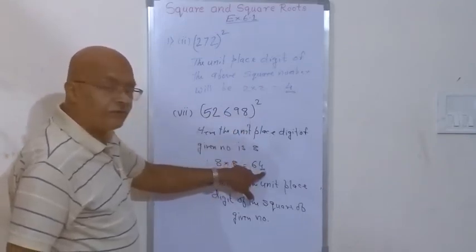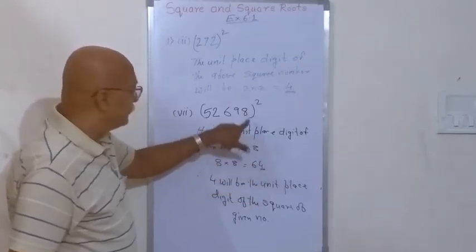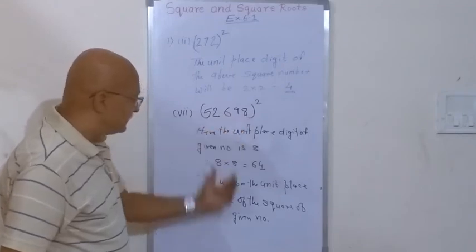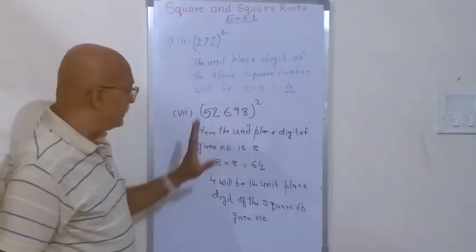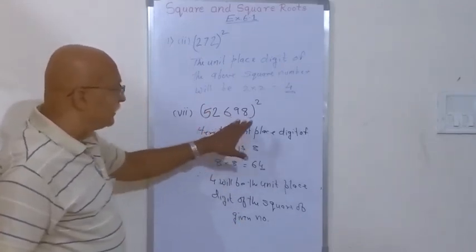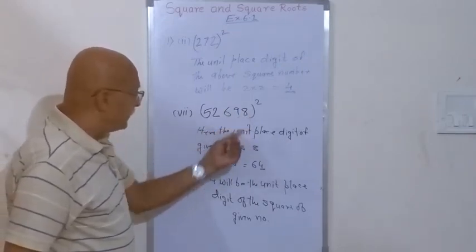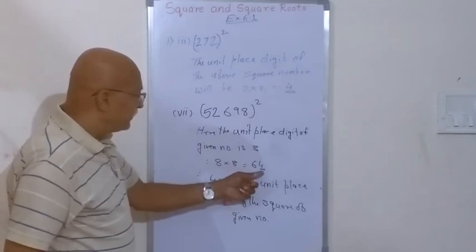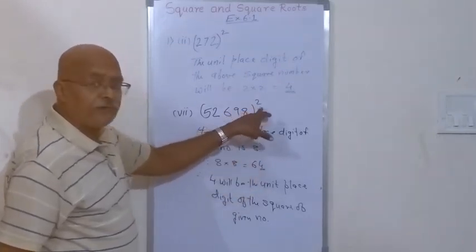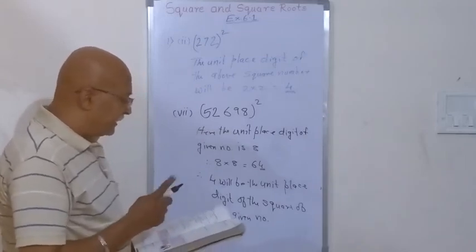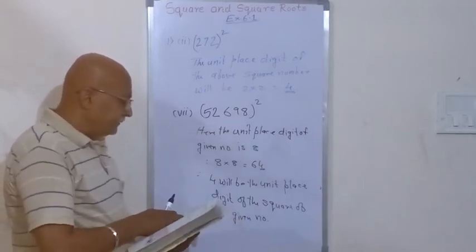Here 4 will become the unit place digit. So 4 will be the unit place digit of the overall square of this number. Got it clear? It is no need to multiply and find out. Just from the unit place digit we can find out what will be the unit place digit of the square of this number. So do complete the remaining one.